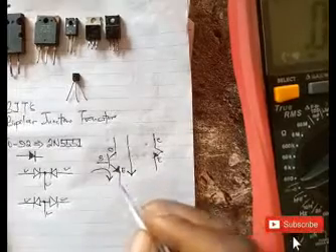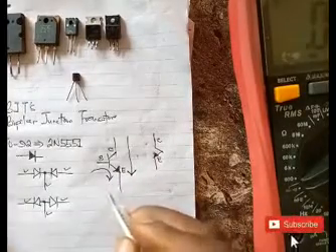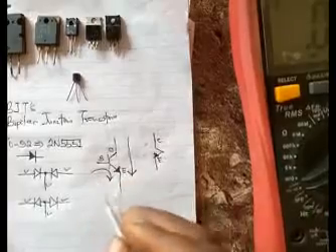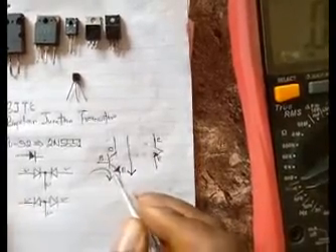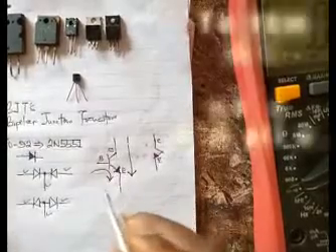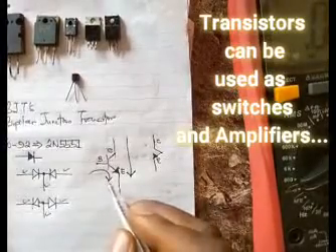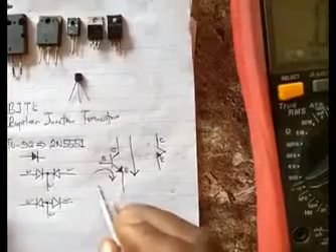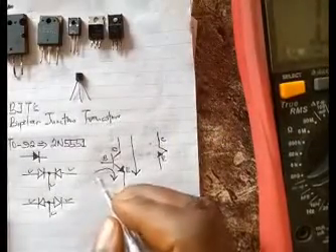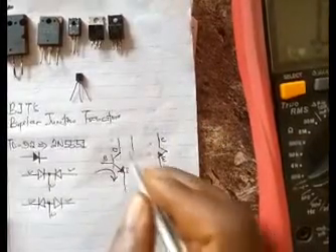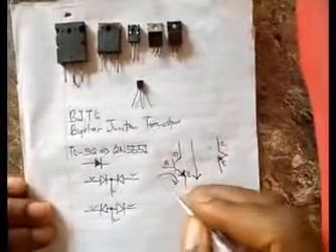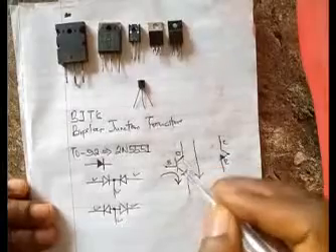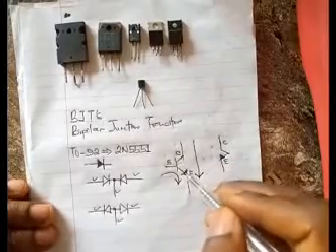I'm going to teach in another video how you can bias transistors, meaning how you can connect transistors for them to be used as switches. You can also use them as amplifiers. But this is the basic way they work. Current needs to flow from base to emitter for more current to flow from collector to emitter, meaning, like I said, that if current flows this way, then this and this act like a short circuit.